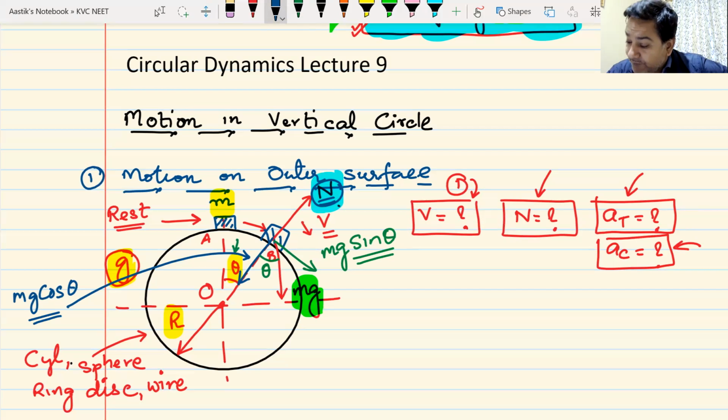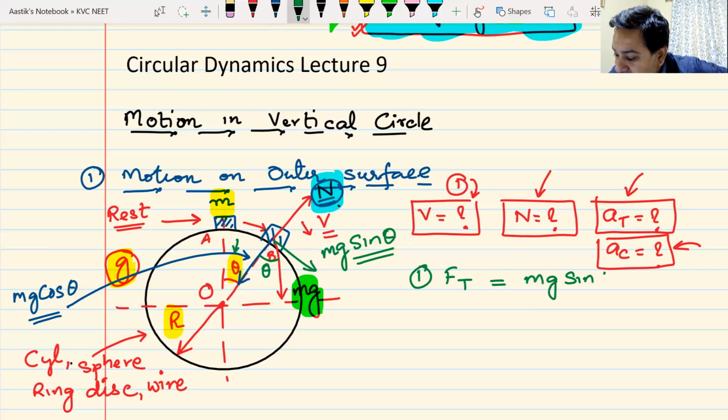So, the first equation is in the tangential direction. We always make the first equation in the tangential direction, Ft. Now, there's only one force in the tangential direction, and this one force is mg sin theta. Do we understand this? Can I have some raised hand that we understand this, that there is one force now in the tangential direction, and that force is mg sin theta?